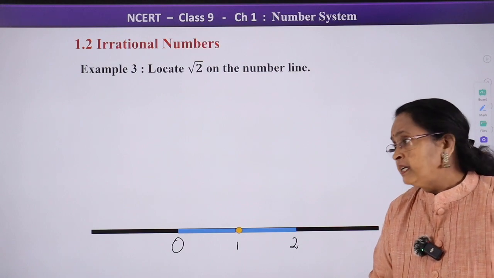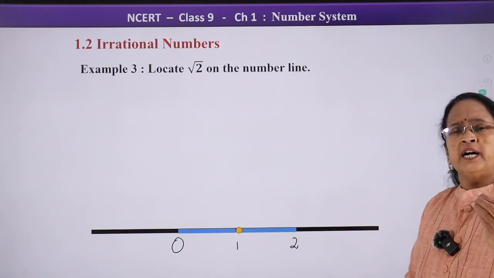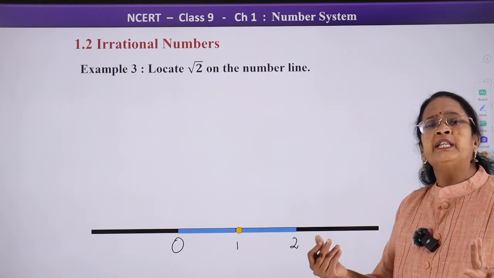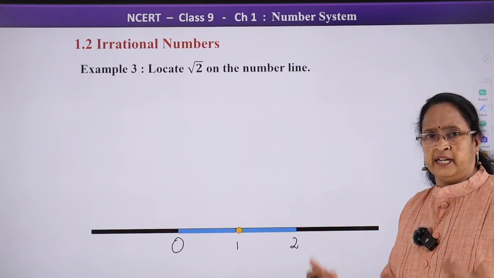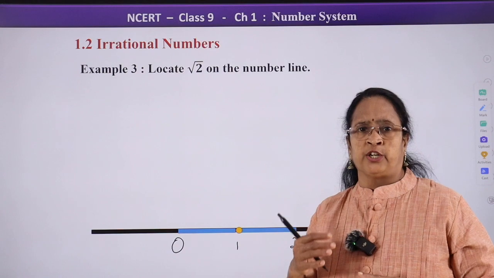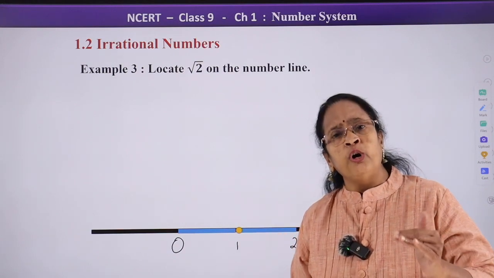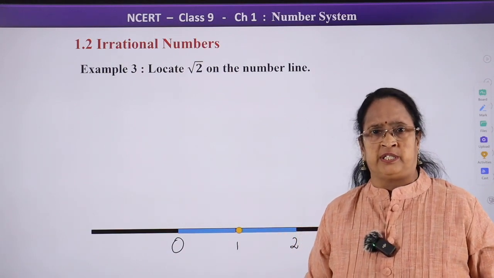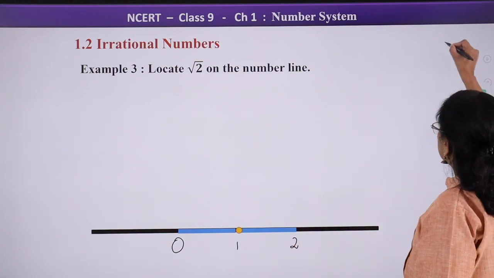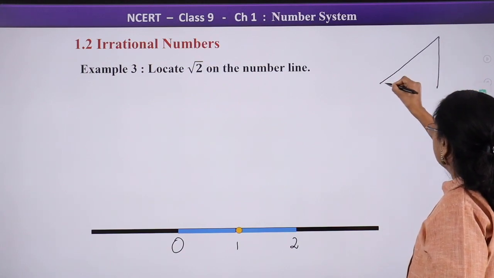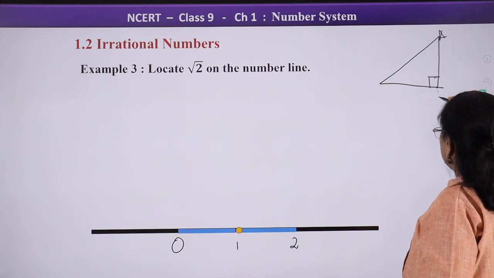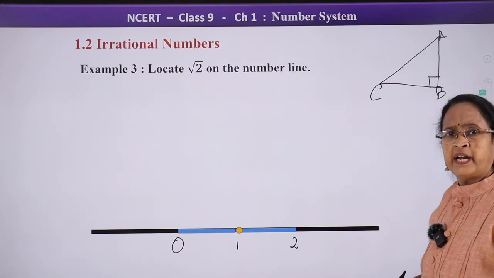Now, let me show you just a rough work of how you get root 2 with a right angle triangle. Now, we are going to use the Pythagoras theorem. That is why in the beginning I told you a little about Pythagoras. Now, this is a right angle triangle ABC.